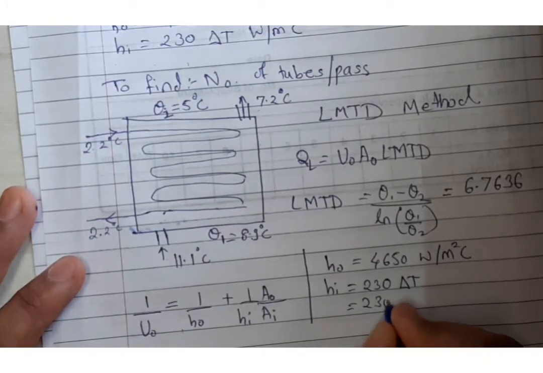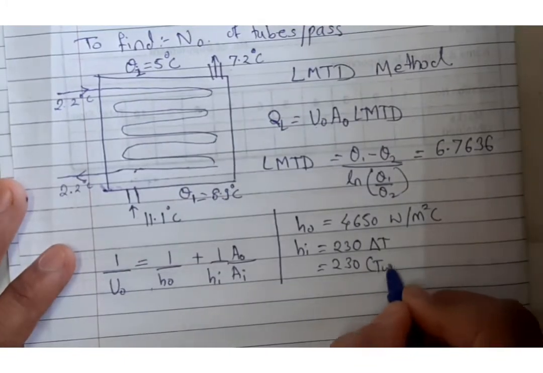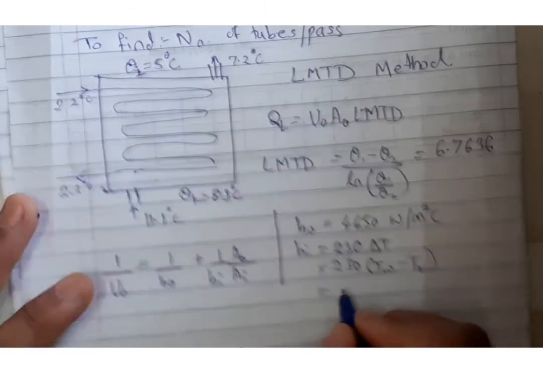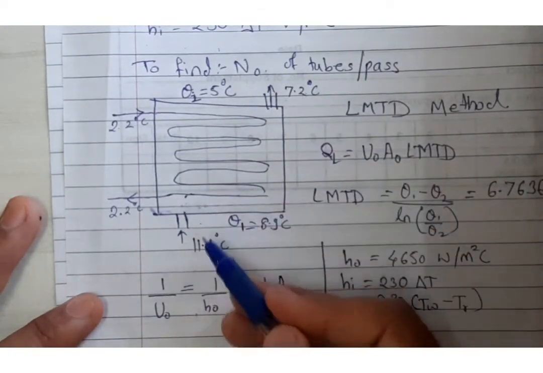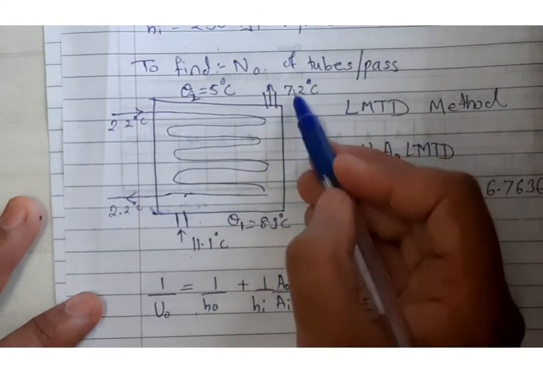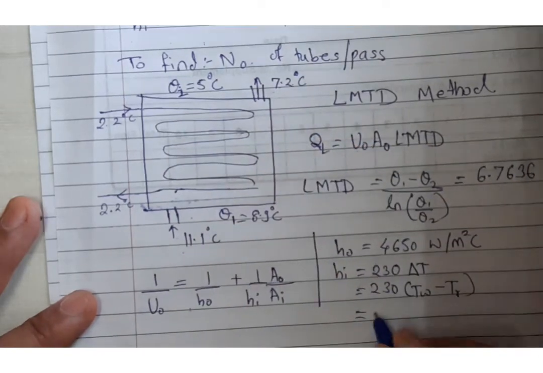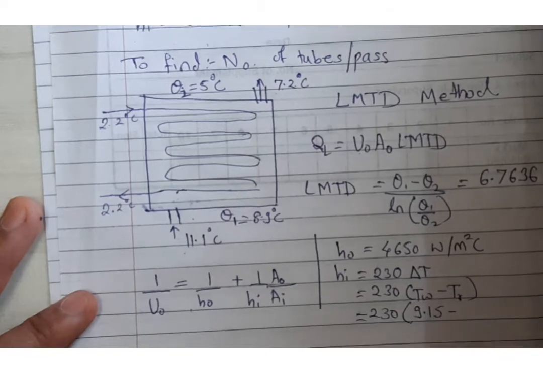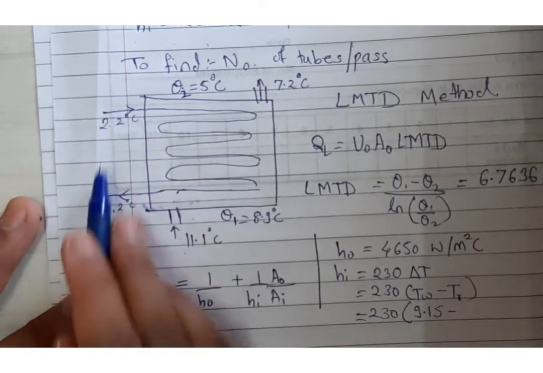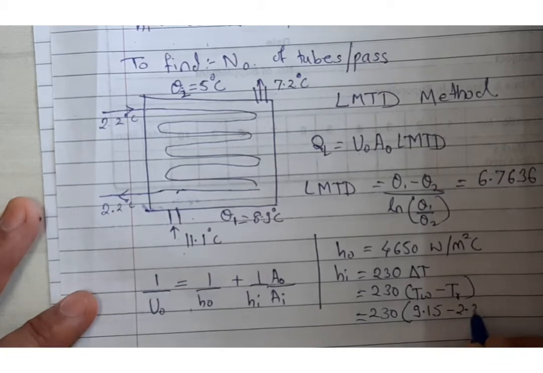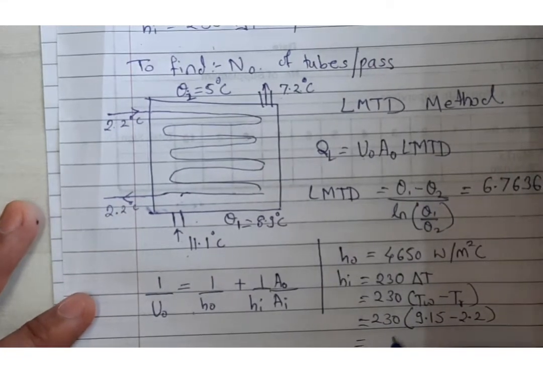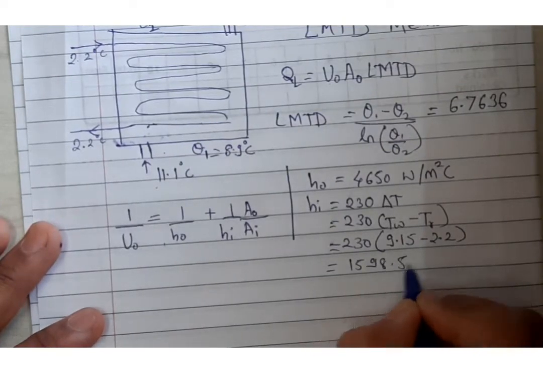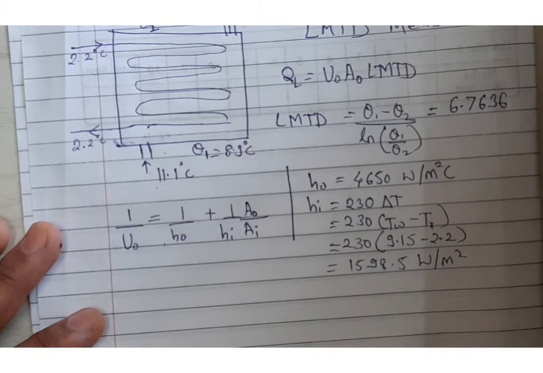That means 230 into average water temperature minus average refrigerant temperature. So the average water temperature is 11.1 plus 7.2 divided by 2, which gives 9.15, minus the refrigerant temperature, which is the same, so the average temperature is 2.2, and when we solve this we will get the value as 1598.5 watt per meter square.